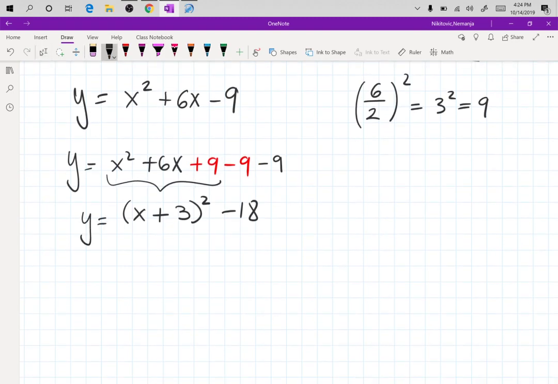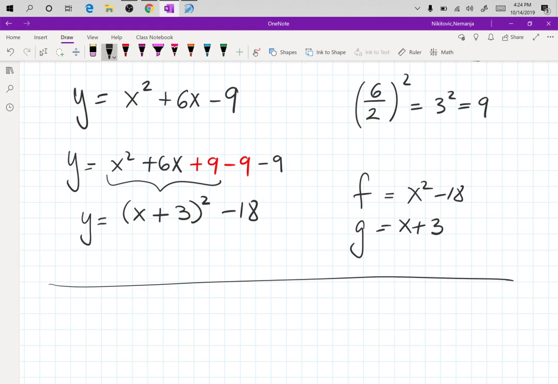So now we have f is equal to x squared minus 18, and g is equal to x plus 3. Awesome. Completing the square. I know. It will come back a few times, completing the square, especially in Calc 2 and later on.